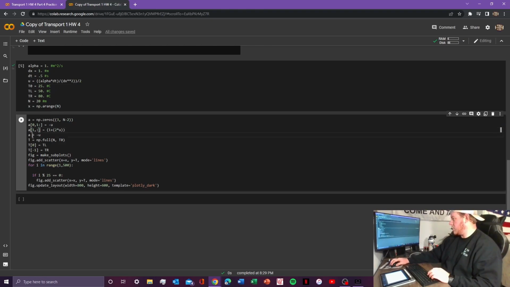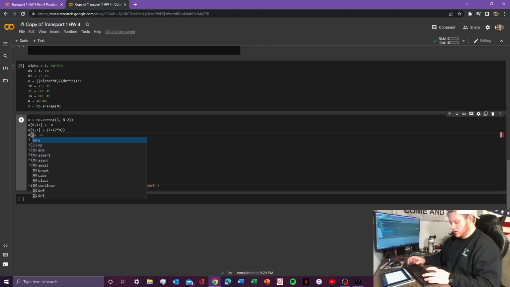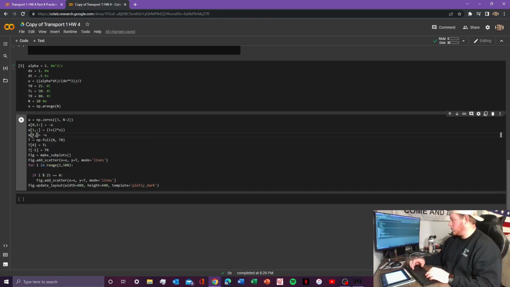And then the third diagonal is from the start until the end minus 1. So that's what that is right there. Let's just line these all up to make it look nice and pretty.